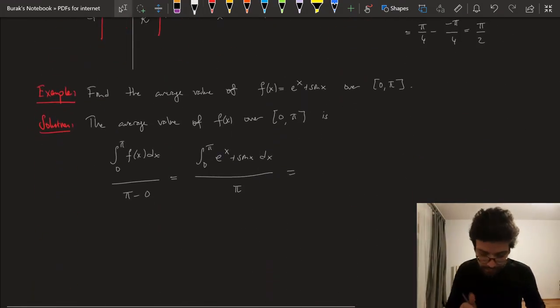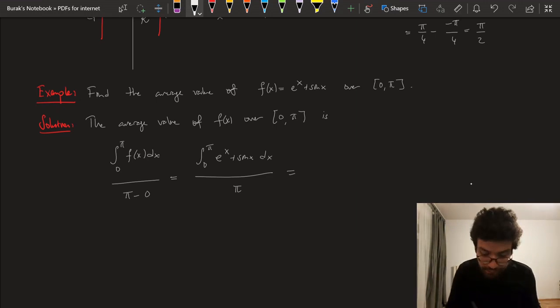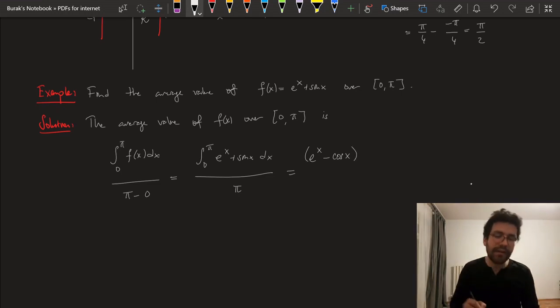And an antiderivative for sine is minus cosine. So an antiderivative for the sum is e to the power x minus cosine of x. This is an antiderivative, because when you take the derivative of this, you get e to the power x plus sine of x.